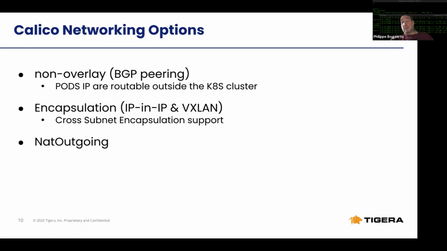Very often when we talk about CNIs, there is encapsulation in the game. Probably you heard about VXLAN encapsulation, which is typically supported by multiple CNIs. Calico can support VXLAN encapsulation. The advantage of VXLAN is that it is UDP, so it can communicate fairly easily through most firewalls and routers. Or there is the use of IP-in-IP encapsulation in Calico, which is, if I'm not mistaken, the default when you install the open source.